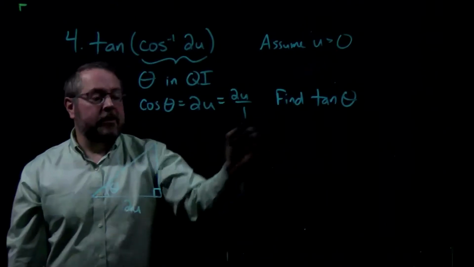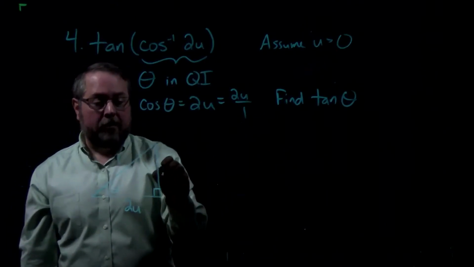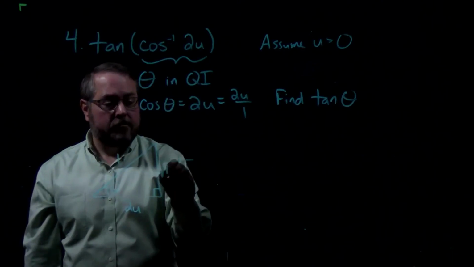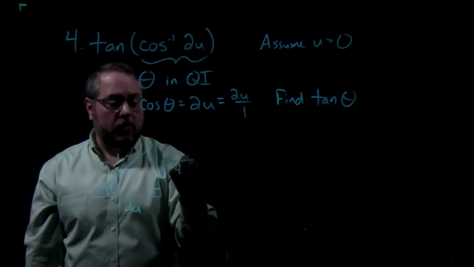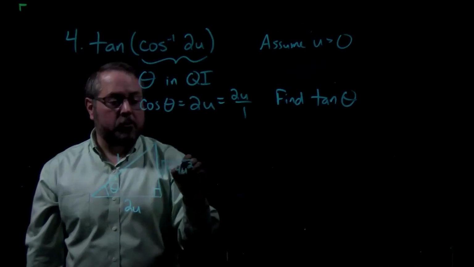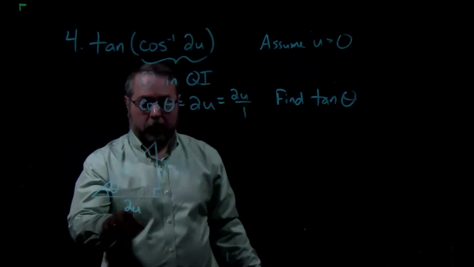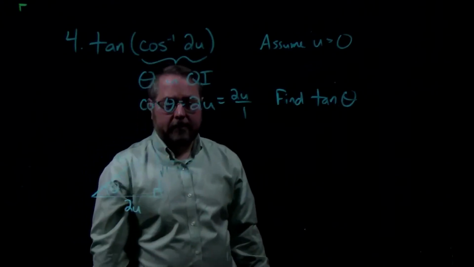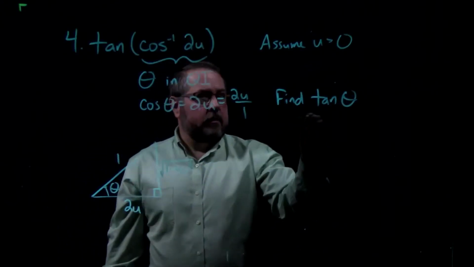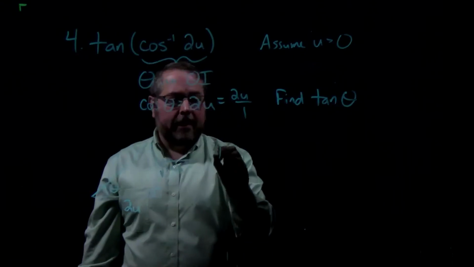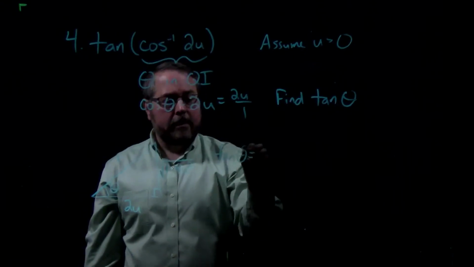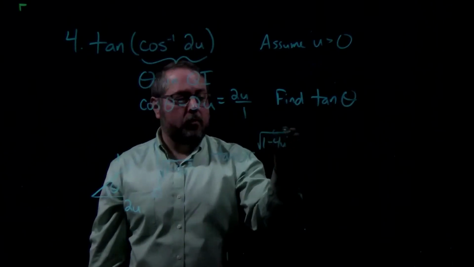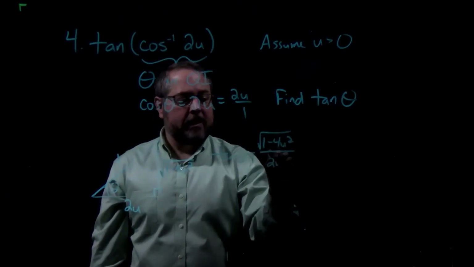We want to find the tangent of that angle, so we have to find our opposite side. But by the Pythagorean theorem, that's going to be the square root of 1 minus 4u squared, since 4u squared plus this side squared has to equal 1. Okay, and therefore the tangent of theta is our opposite side, square root of 1 minus 4u squared, over the adjacent side, 2u.